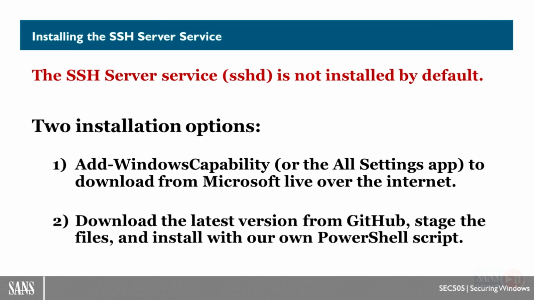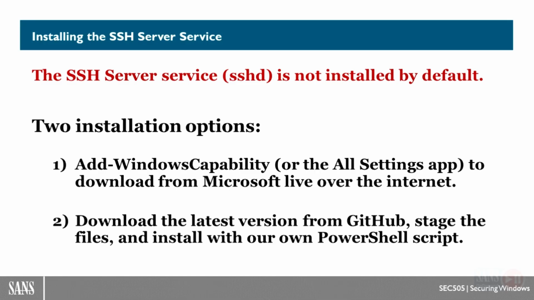The SSH daemon is not installed in any version of Windows by default, at least not yet. Now maybe someday in the future, the SSH daemon will be installed by default, maybe not configured, but installed by default perhaps, but not yet, and probably not for at least a couple years.